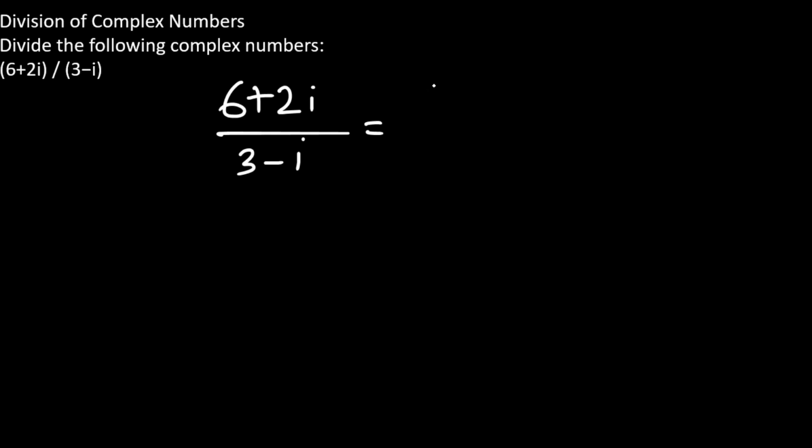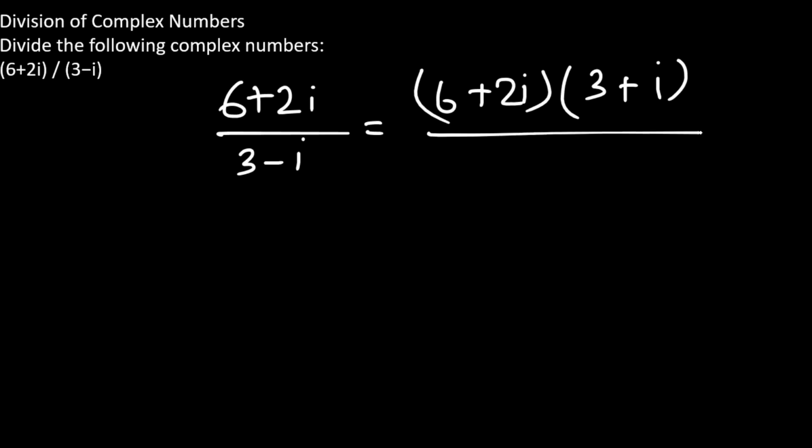So it will give me 6 plus 2i times 3 plus i, over 3 minus i times 3 plus i.